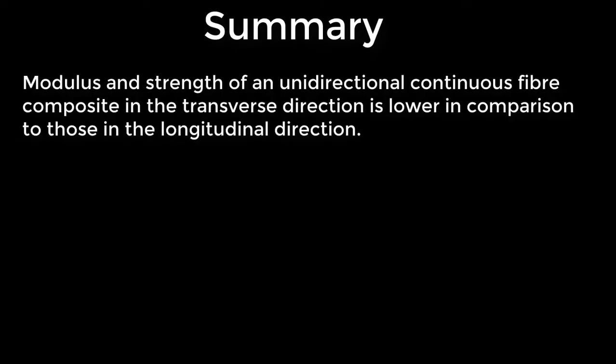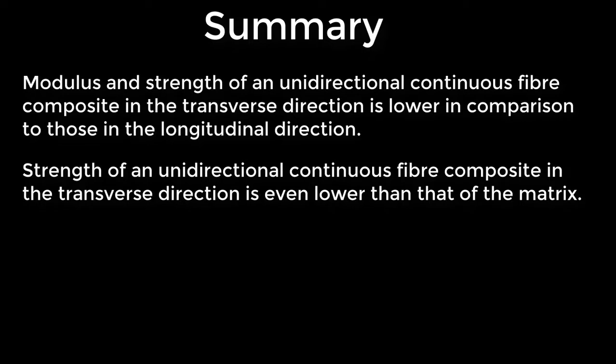Let me summarize the main points. Modulus and strength of a unidirectional continuous fiber composite in the transverse direction is lower in comparison to those in the longitudinal direction. Strength of a unidirectional continuous fiber composite in the transverse direction is even lower than that of the matrix.